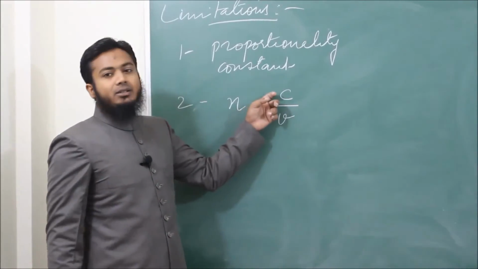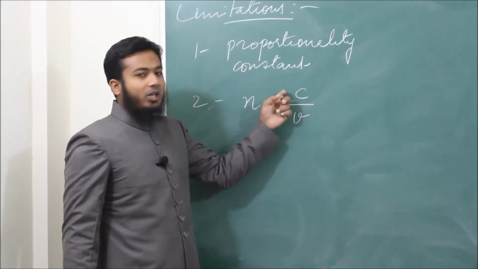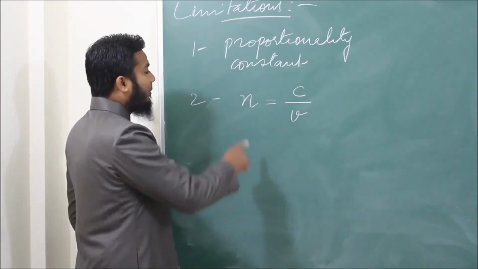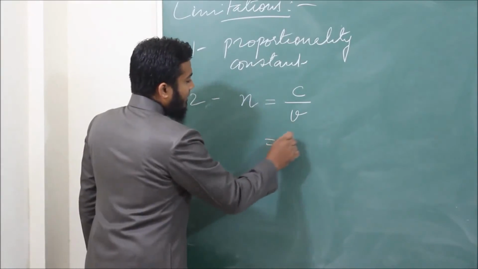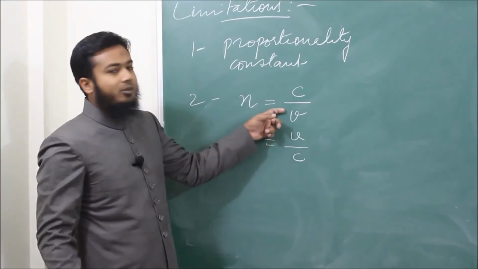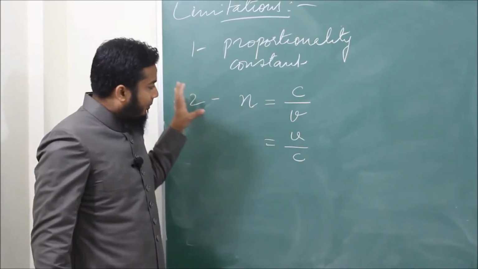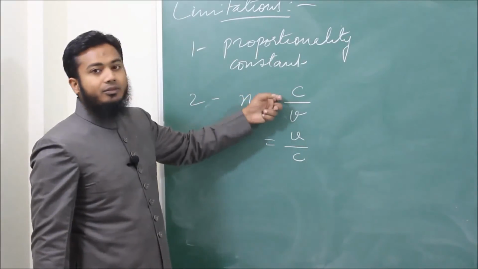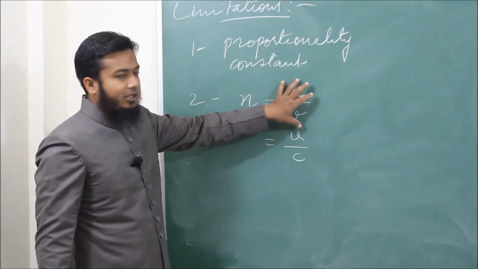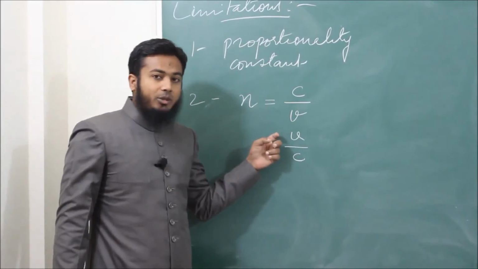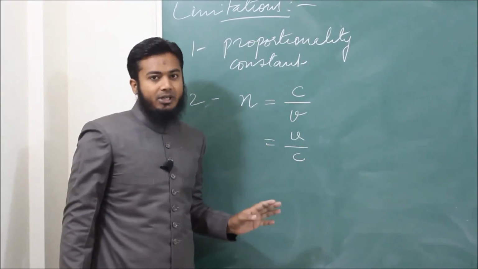So in the numerator you have speed, in the denominator you also have speed. Dimensionally, if I write v over c, it is not different from c over v. So if we try to calculate this expression, we would get that it is a ratio of c and v, but which one is in the denominator and which one is in the numerator, we cannot calculate.